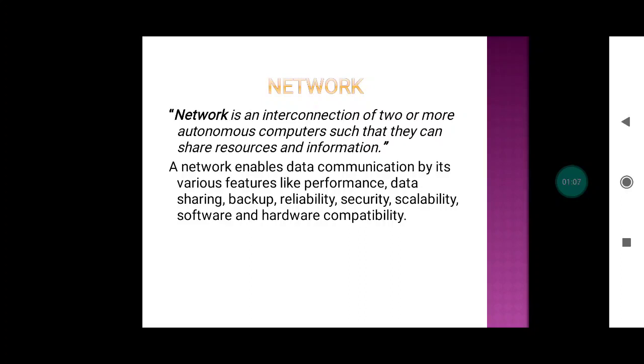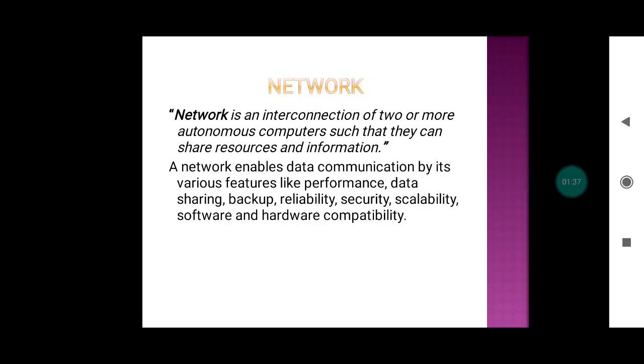So basically, a network enables us to link multiple devices together so that ultimately they can share information. A network enables data communication by its various features like performance, data sharing, backup, reliability, security, scalability, and software and hardware compatibility. So why are we using the network?